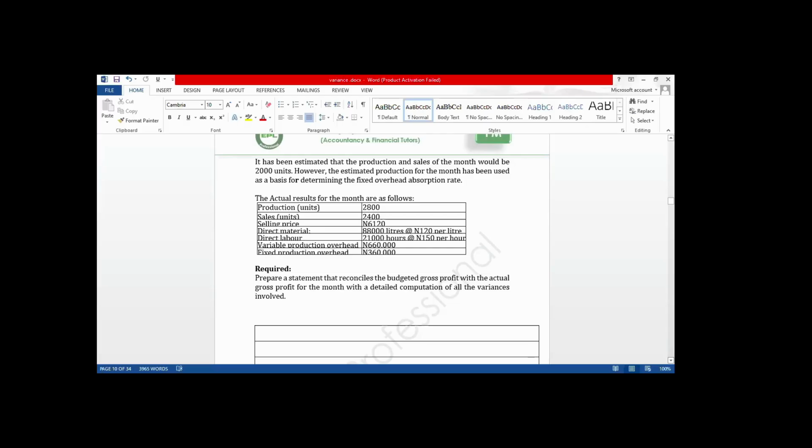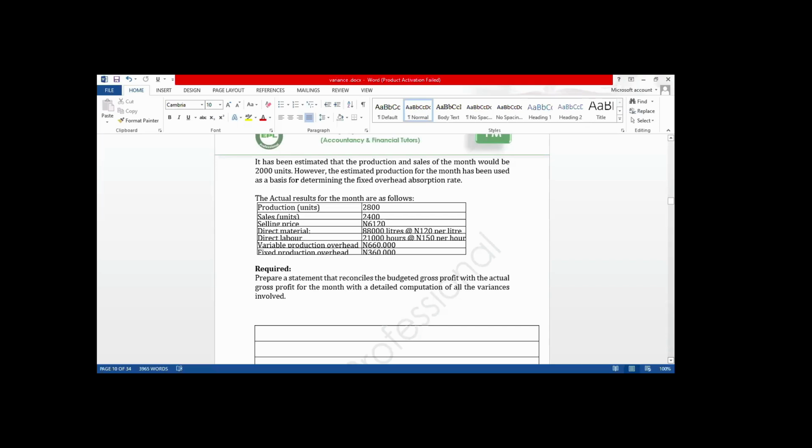Examiner wants us to reconcile budgeted gross profits with actual gross profits using variance.